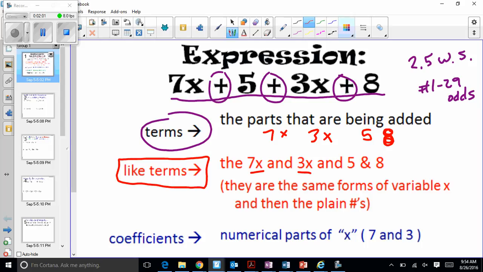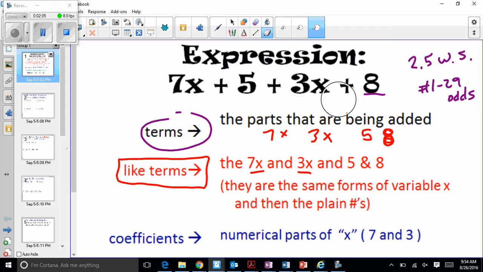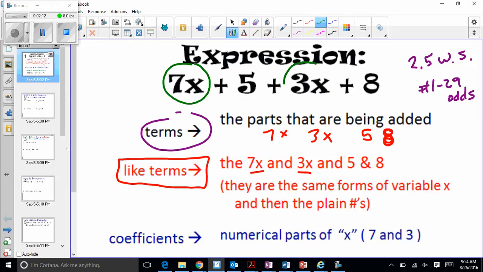If I erase this here and go back, I can take 7x and 3x and combine those together. It's a positive 7x, and I have a positive 3x with it. And those combine together to make 10x.